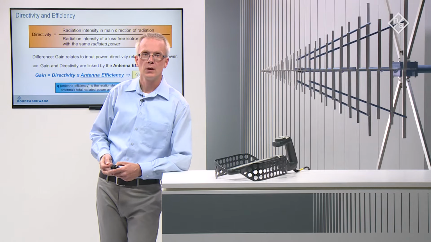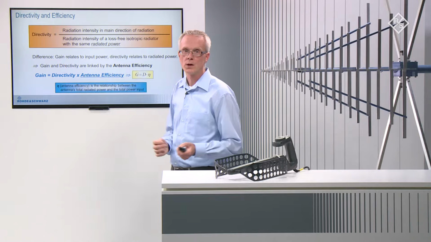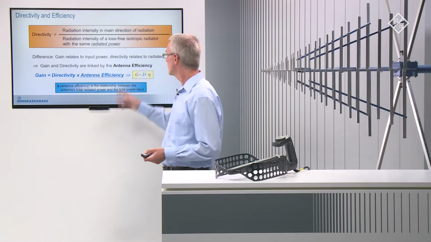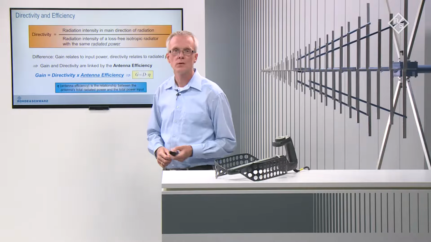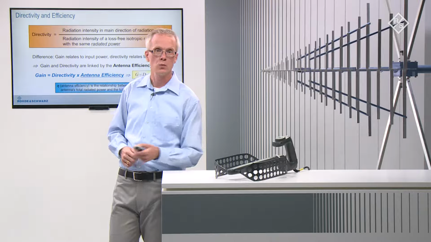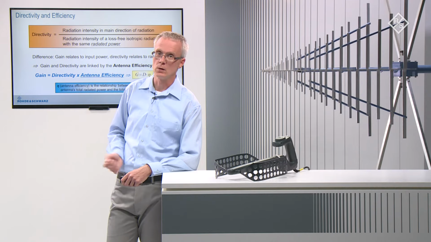Gain and directivity are consequently linked by the antenna efficiency eta, with the formula gain equals directivity times eta. Eta is often given in percent, so for an antenna without losses, eta equals 100%. This means that gain and directivity are equal.